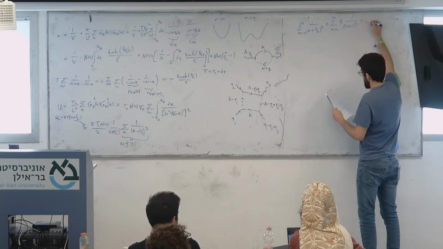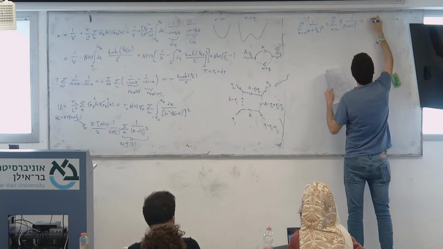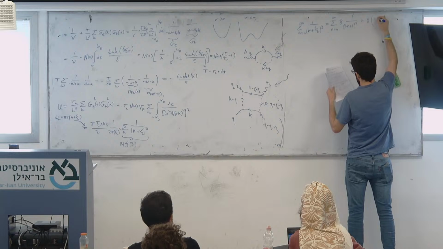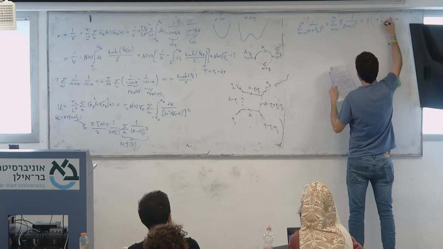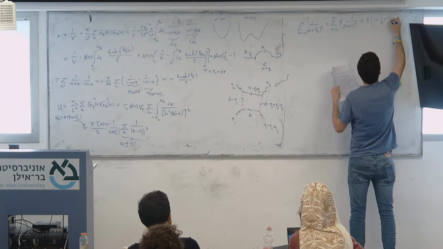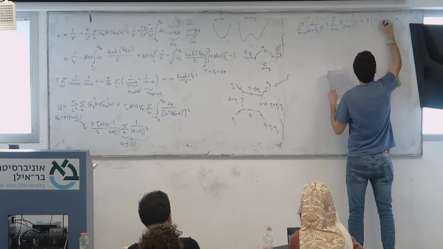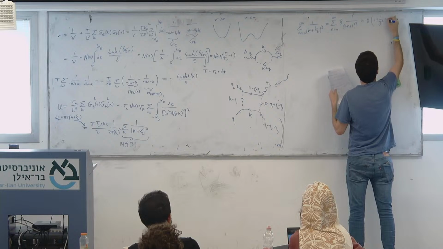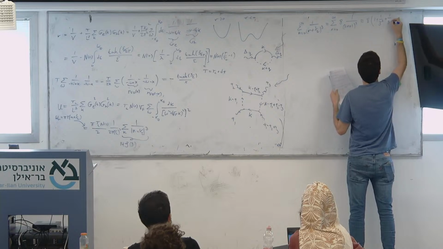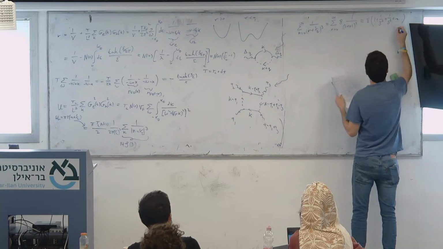And if you write this explicitly, you'll find that this is like 8 times (1 plus 1 over 3 to the third plus 1 over 5 to the third plus and so on).